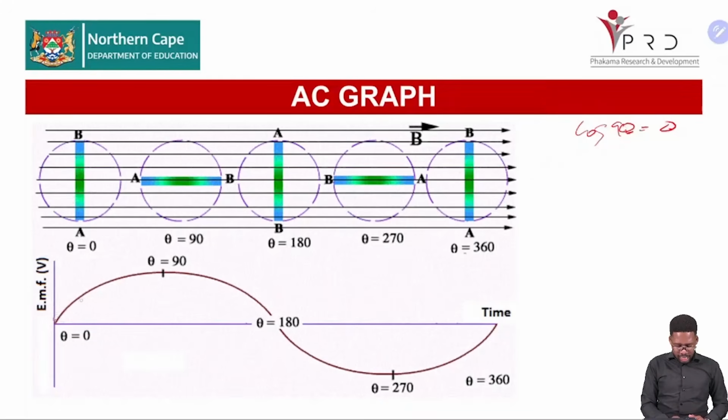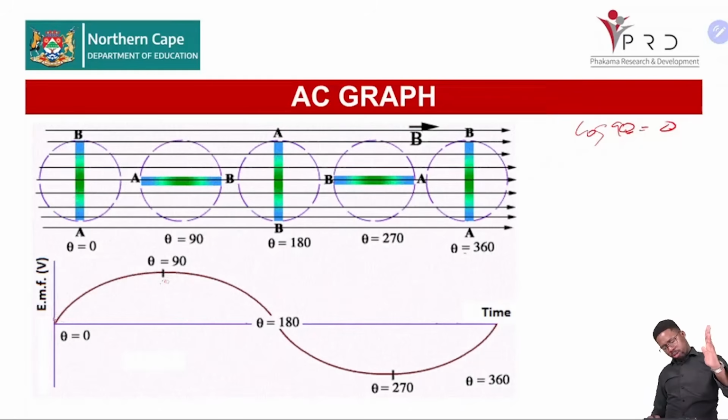The EMF will increase up until this point, at 90, where the area of the coil is parallel to the magnetic field lines. So when the area of the coil is parallel to the magnetic field lines, we are going to have maximum flux, maximum EMF, maximum current.